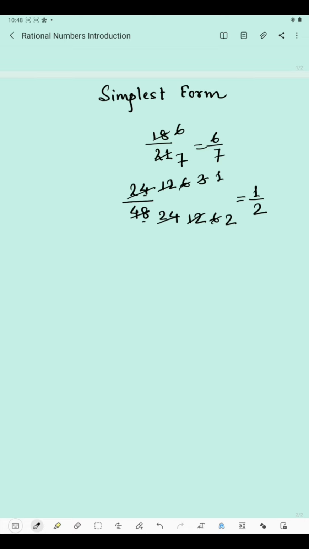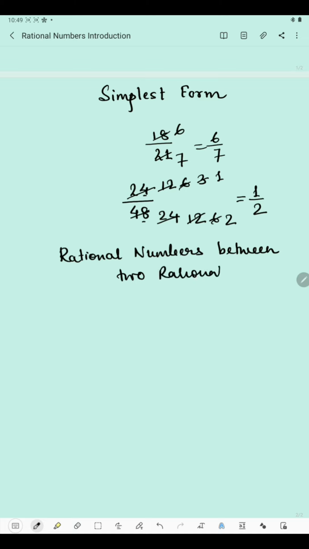Okay. Now our next topic is rational number between two rational numbers.